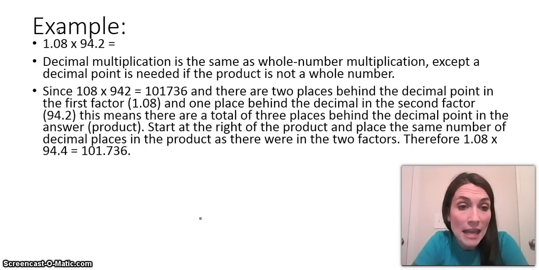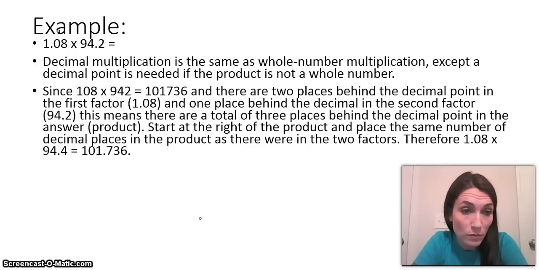Since 108 and 942, when we multiply those together, we would get 101,736. And there are two places behind the decimal point in the first factor. So those two places are the 8 and the 0. And one place behind the decimal in the second factor.